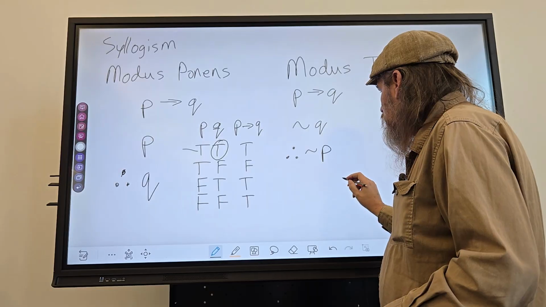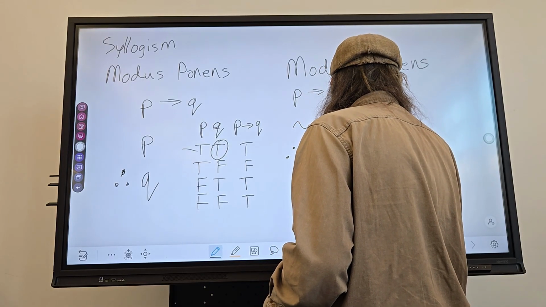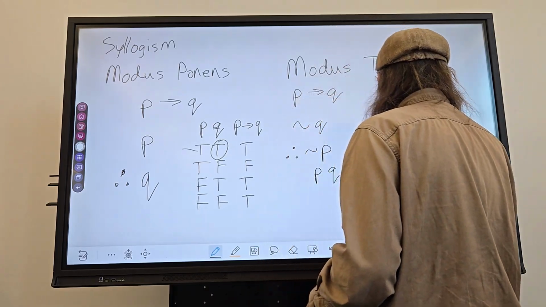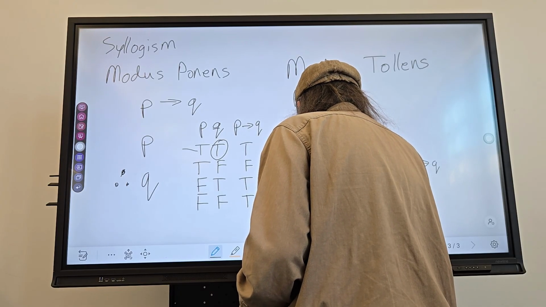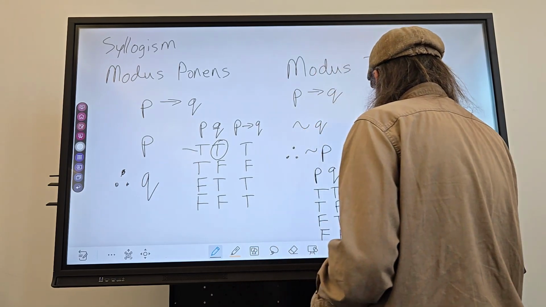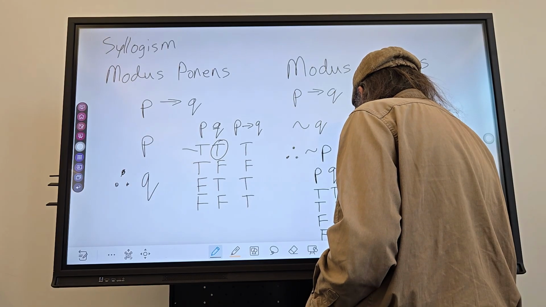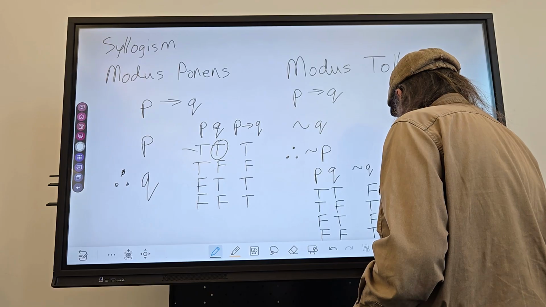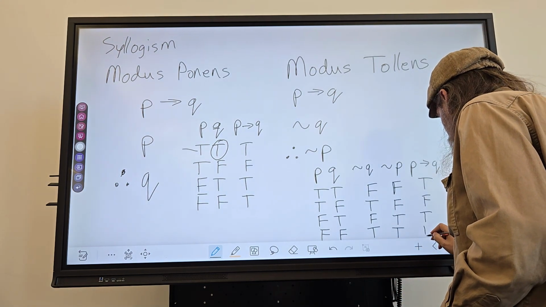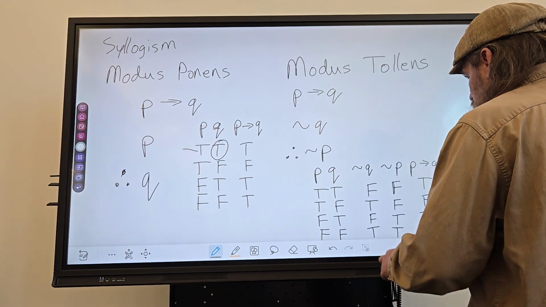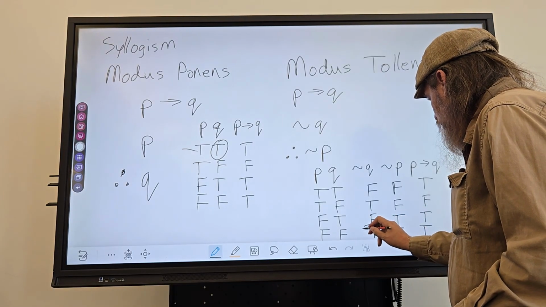And to do the truth table for this, if P then Q is going to be true, false, true, true, and the conclusion, not P, is true here, and not Q is true here, so this is your critical row.